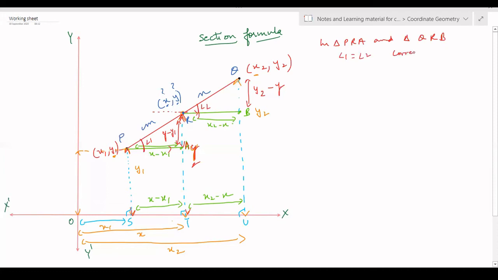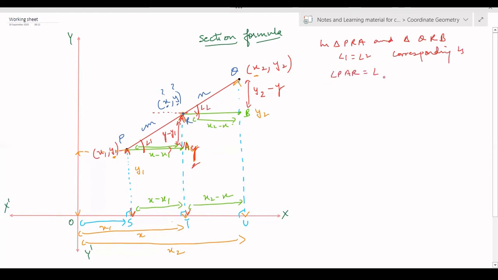Why? Because they are corresponding angles, where we see the transversal QP and the parallel lines RB and PA. Also, angle PAR is equal to angle RBQ, equal to 90 degrees.